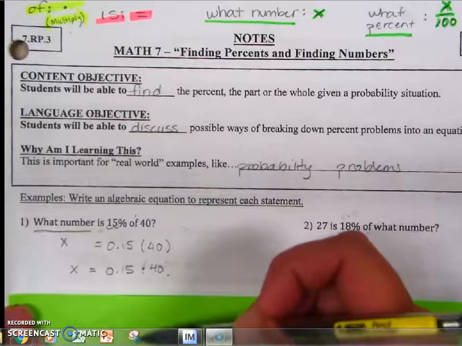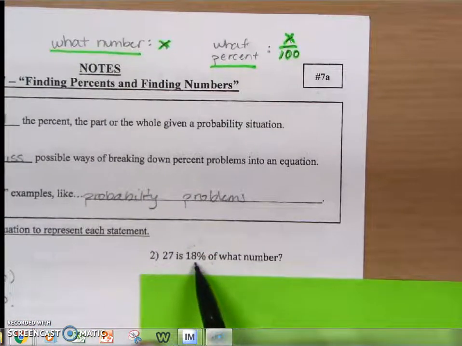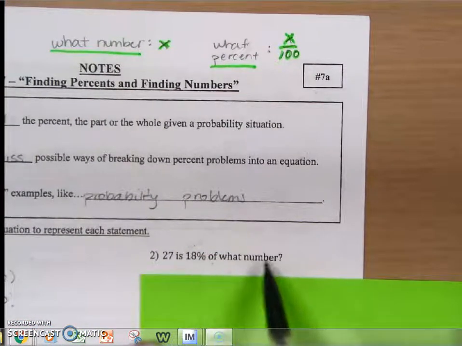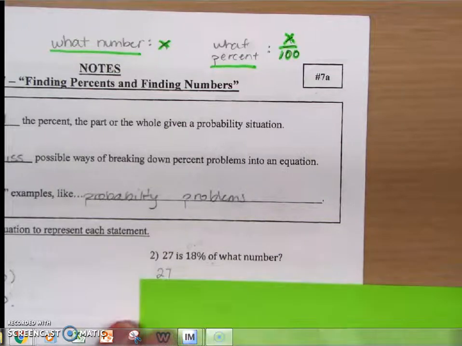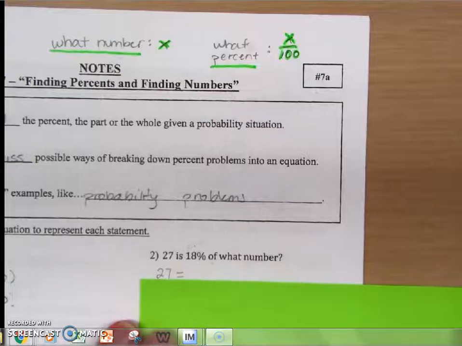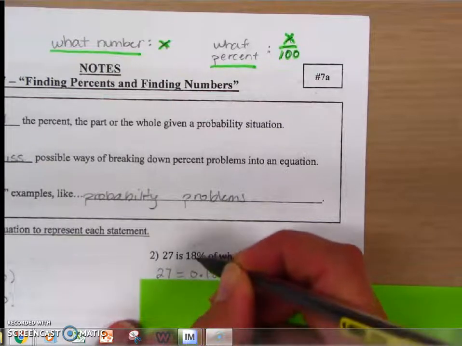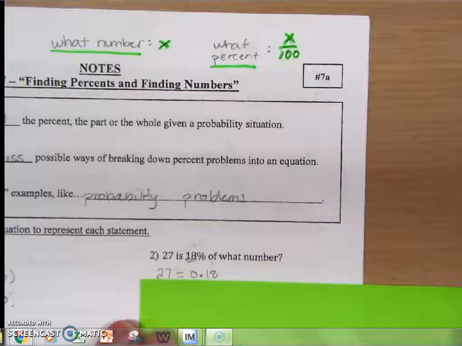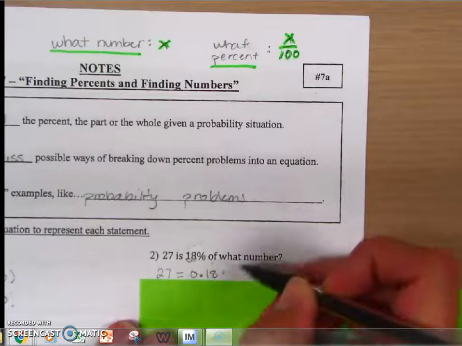Let's go on to number 2. 27 is 18% of what number? So we write down 27, because 27 is just 27. Is means equals. 18% means 0.18, from moving the decimal twice. It's hundredths, remember? Of means multiply. What number?